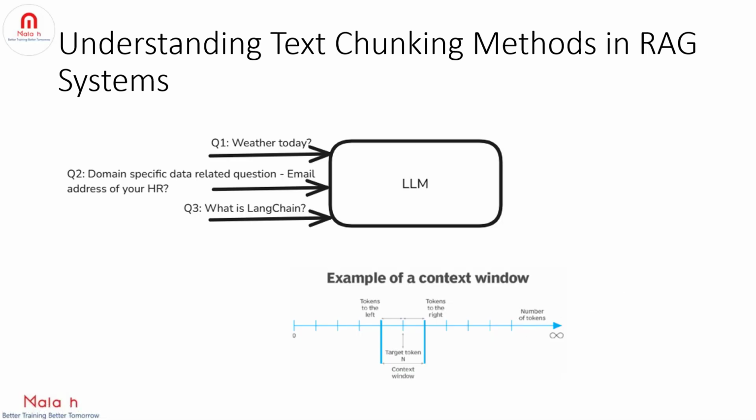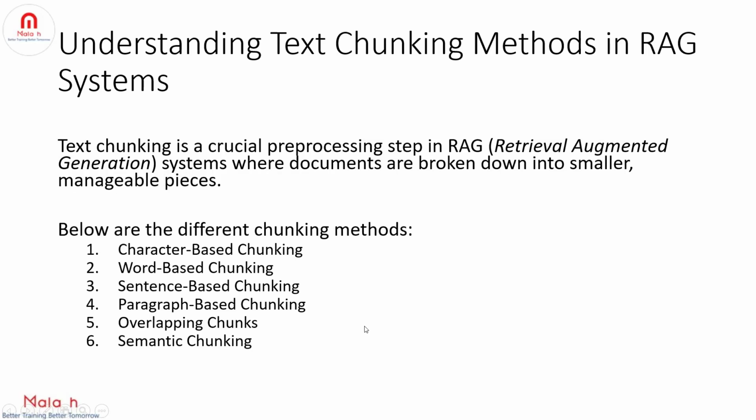Now let's learn the different chunking methods that we use when building a RAG application. Let's learn what kinds of chunking methods LangChain supports. Text chunking is a crucial pre-processing step in RAG, Retrieval-Augmented Generation systems, where documents are broken down into smaller manageable pieces. We've already seen this, creating chunks in our question answering RAG application.